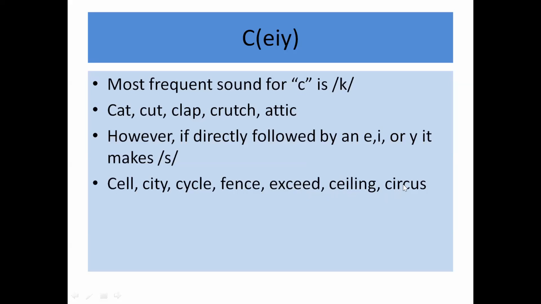And look at this. This is an R-controlled vowel, but it starts with an I. That does it as well. Cuss. And you can see within this one word, this C has been forced into an S sound because of the I, but this C is allowed to make its usual sound because it's by a U, so circus.